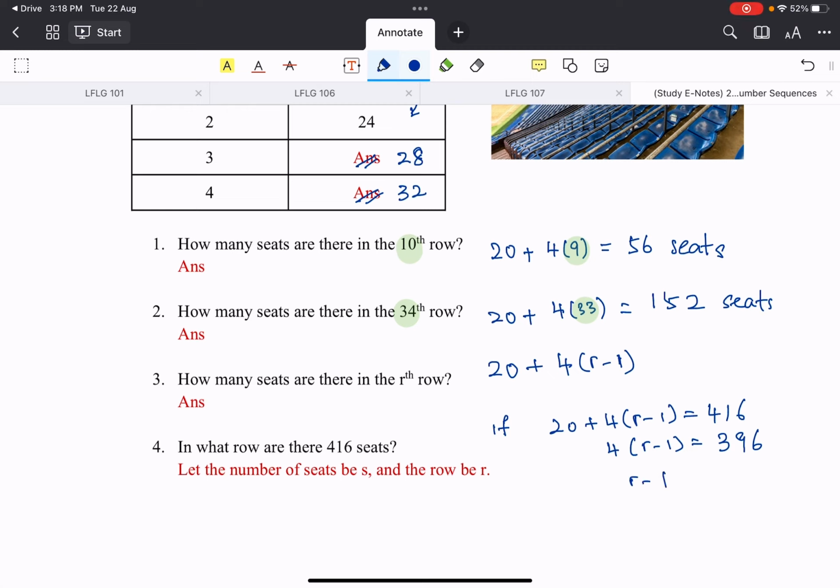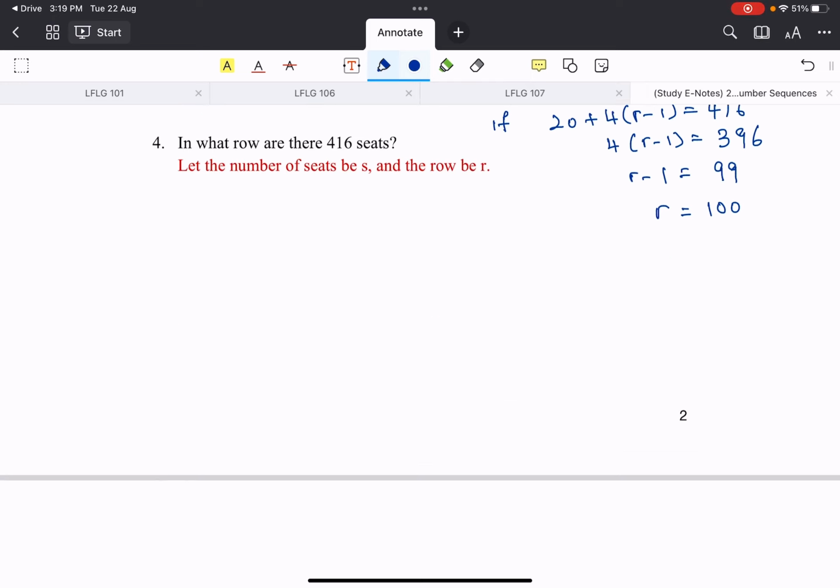R minus 1 equals 99. That means my R equals 100. So we are looking at the 100th row, which will have 416 seats. So here's just a very simple example to get us started. This is what we're going to be dealing with for the rest of this very short chapter. So let's move on.